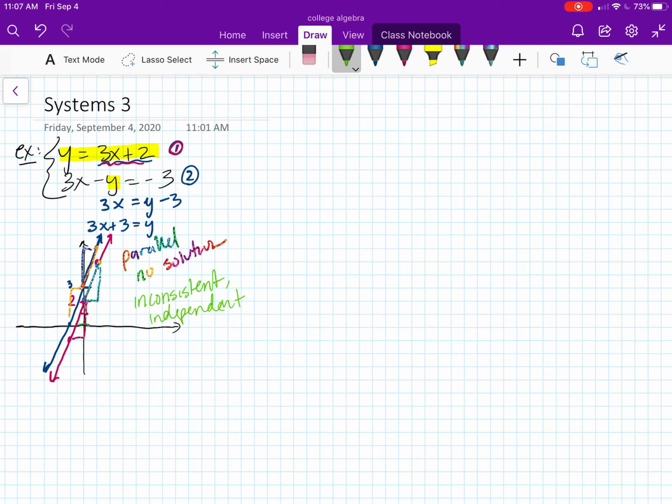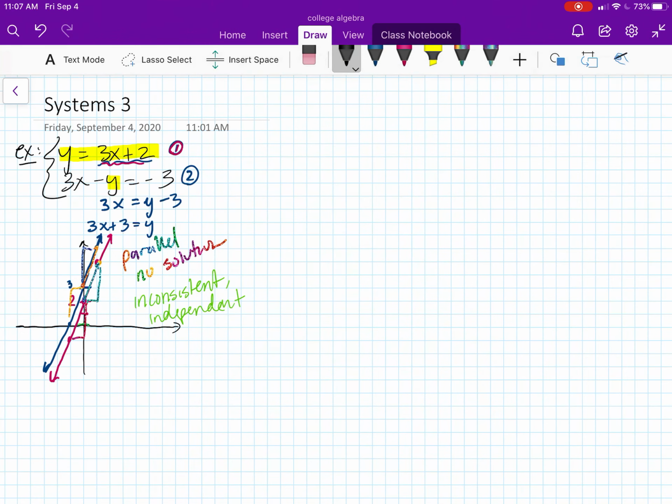You could think of it as inconsistent because there's no solution. We could not find a consistent solution, and independent because the two lines are independent of each other. I guess that's the easiest way to describe that.